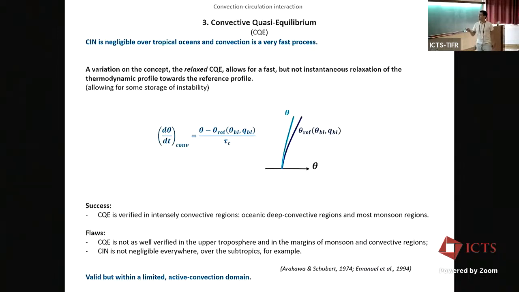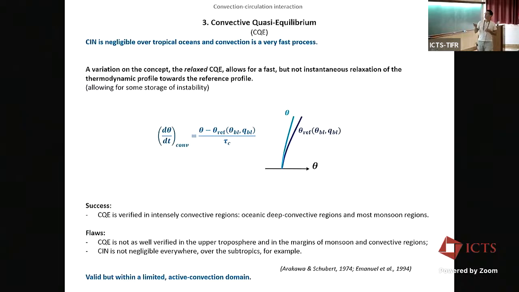And that maybe allows for a little deviation from those reference profiles and maybe a little storage of CAPE, maybe a little inhibition as well. Well, no, the inhibition part, I guess, is something that we have to keep negligible, but that would allow a little bit of storage of instability.